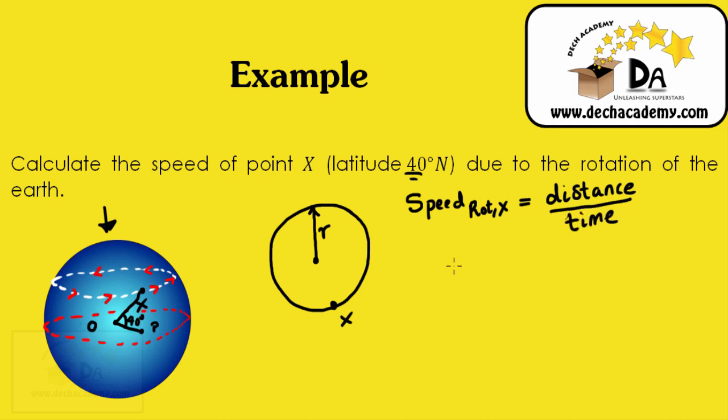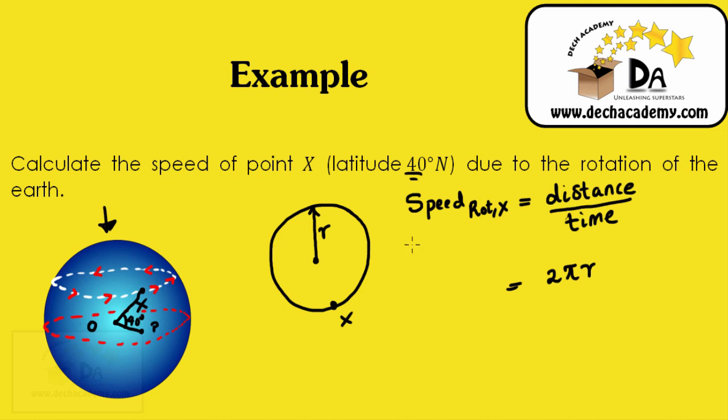So what is the distance traveled by point X during a complete rotation? That's simply the circumference of this circle, which is 2 pi r.